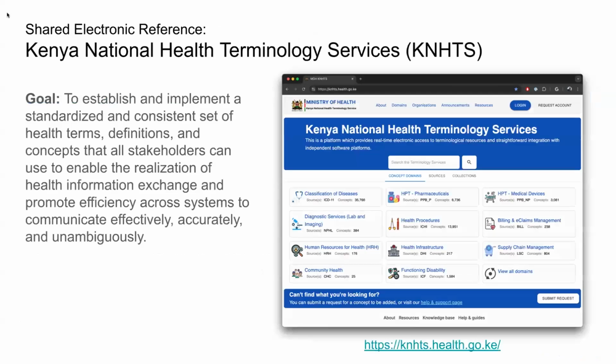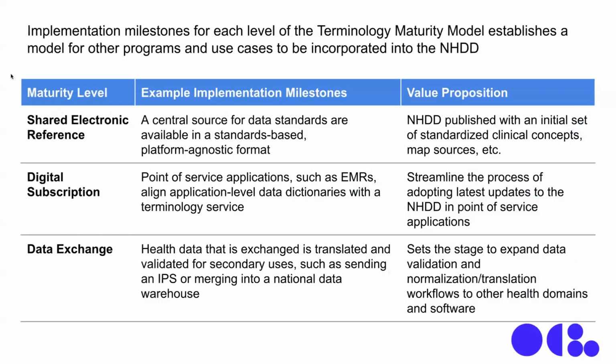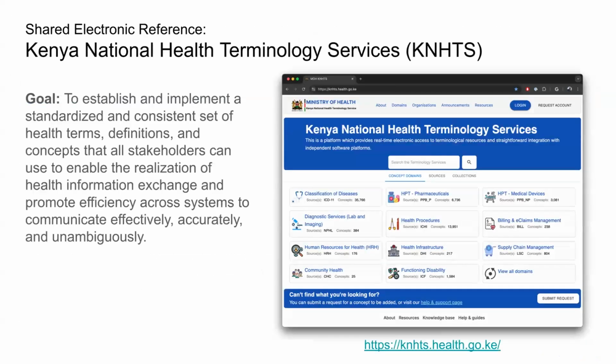So let's start with the shared electronic reference. The leading example of this in the world right now is in sub-Saharan Africa. It's the Kenyan National Health Terminology Service. So this is an example of a national terminology service implementation that is aiming to set up projects and examples at all three levels of maturity, and right now has already deployed a shared electronic reference as a public portal to access formally endorsed standards in the health system.